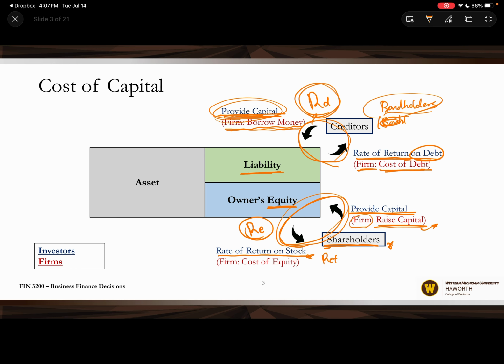Return on equity is what we called it usually. But from the firm's perspective, it's their cost of financing with equity, right? We called it cost of equity, okay? So again, we're talking about these same things, but taking a different perspective, okay?